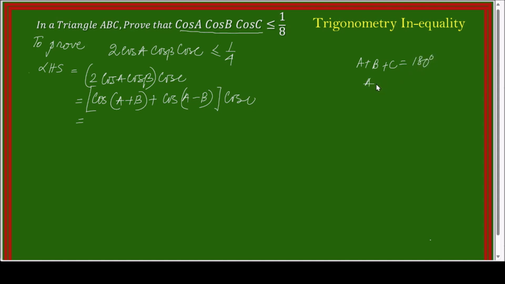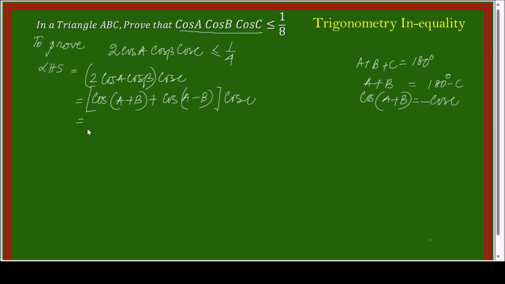So A plus B equals 180 minus C. I can take the cos function on both sides, so cos (A plus B) equals cos (180 minus C), which is nothing but minus cos C.